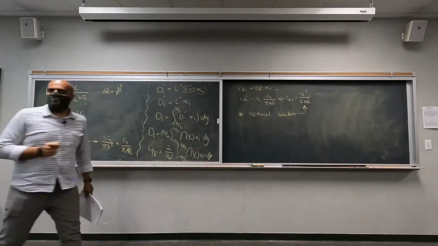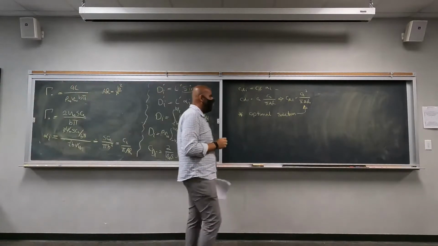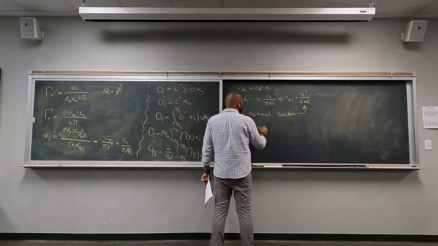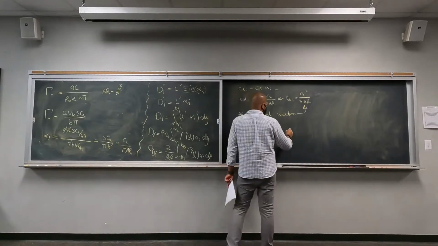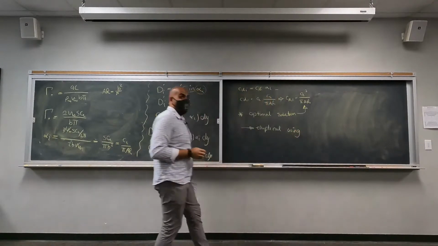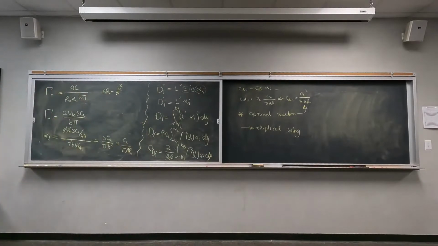Okay, the elliptical distribution. How can we get this distribution? We have to have an elliptical wing. So the shape of your wing is going to directly dictate your circulation and lift distribution.